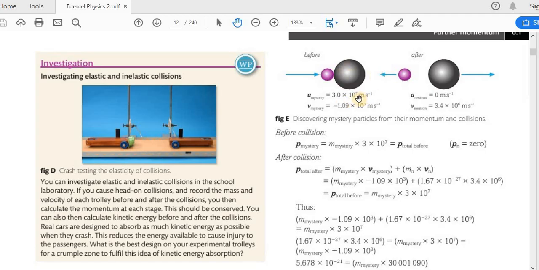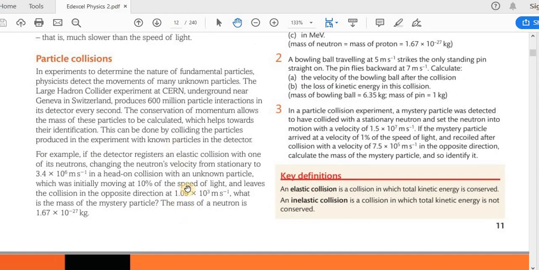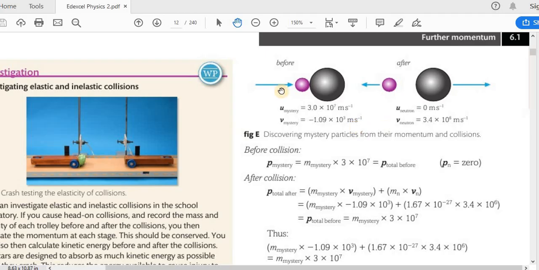So always, whenever you can, draw a diagram so that the text becomes much easier for you to understand. Okay, so we have the neutron's velocity from stationary to 3.4 × 10^6 meters per second. See, in the beginning the neutron was stationary. Okay, I can zoom in here a bit so you can see it.